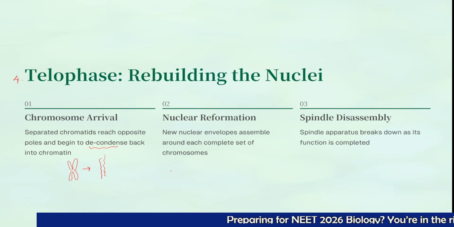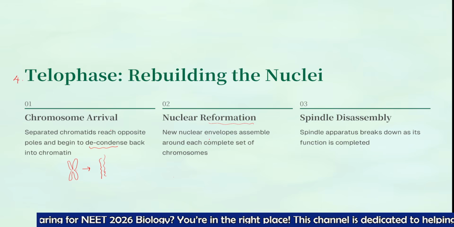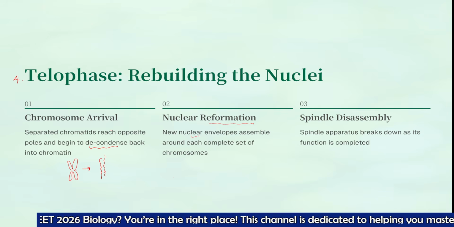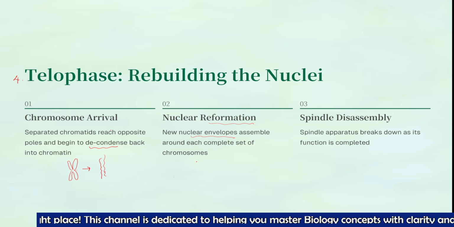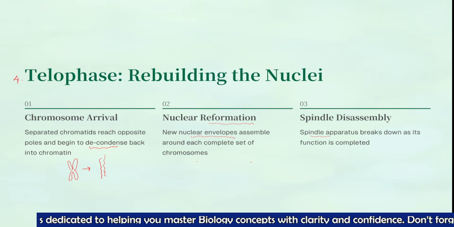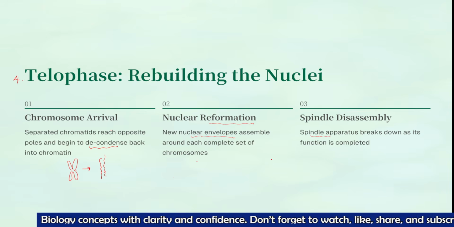And in the prophase, there was a disintegration of the nuclear envelope. Here it is the reformation of the nuclear envelope. The nuclear membrane assembles to cover the chromosomes, right? Then the spindle fibers are no longer of use, because the nuclear material has already separated.